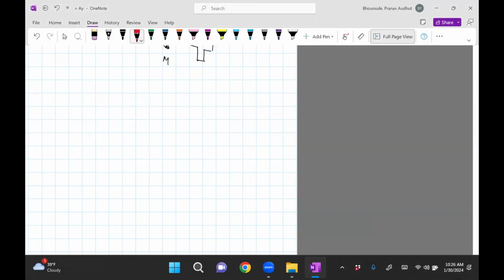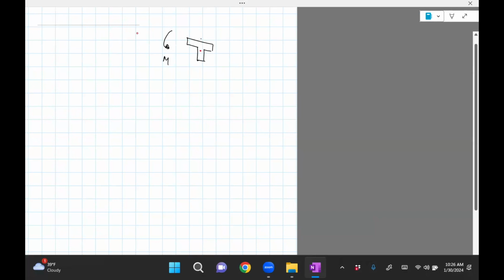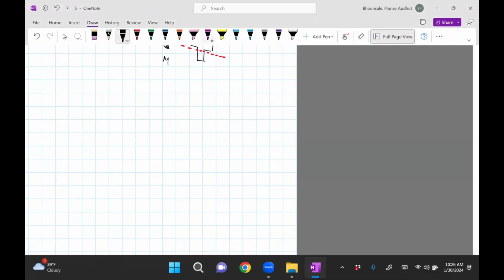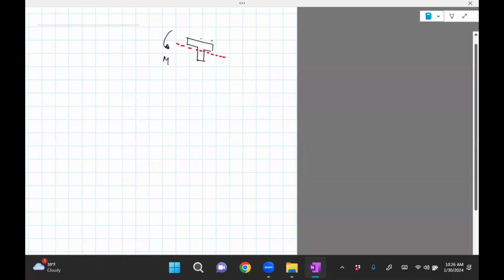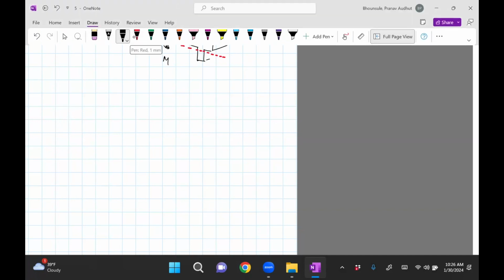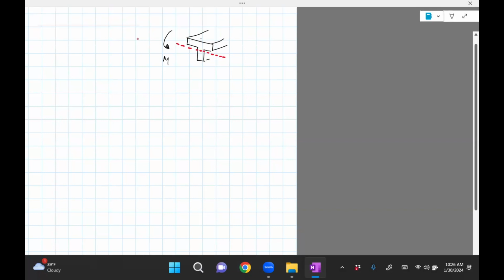We know the neutral axis, it's just beneath the T. As we pointed out earlier, the top section is going to be under tensile stress.